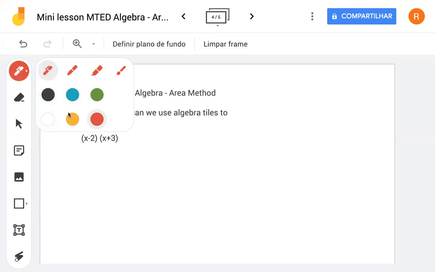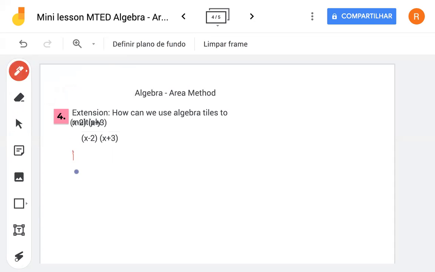We represent x as this guy here, and you represent the number 1 here. But as we have 2, let's put another 1. But now, because it's negative, we need to color the box red, as you can see here.